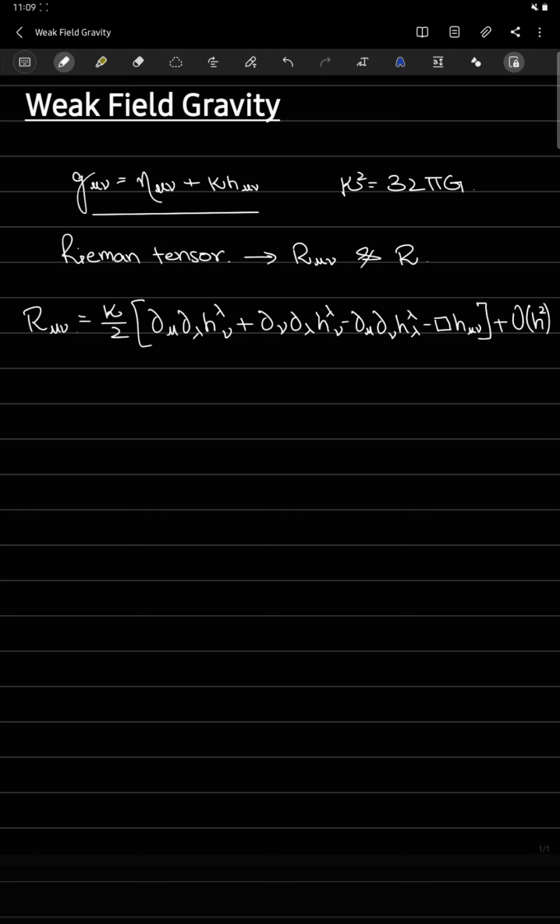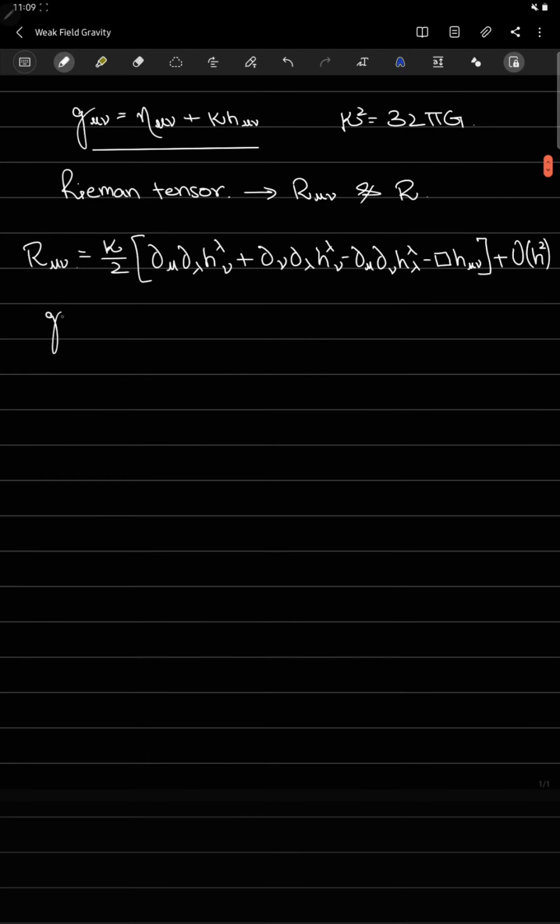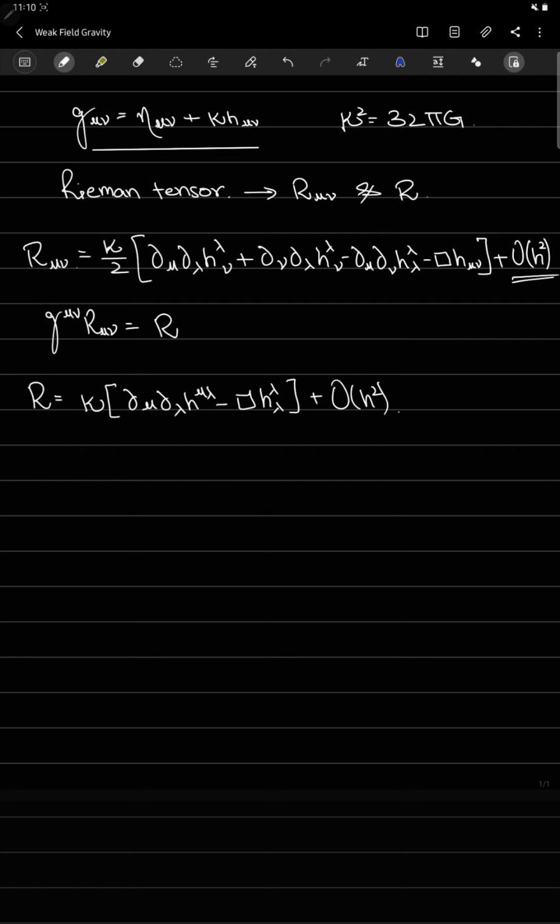Now if I contract g mu nu with R mu nu, it will give me R, the Ricci scalar, or the scalar curvature, and it turns out that this is kappa times partial mu partial lambda h mu lambda minus the D'Alembertian operator on h lambda lambda. And of course we have the higher order terms, up to h squared order.